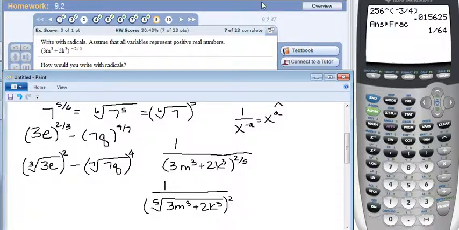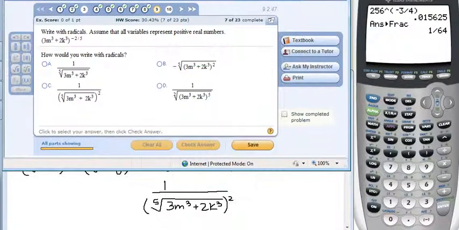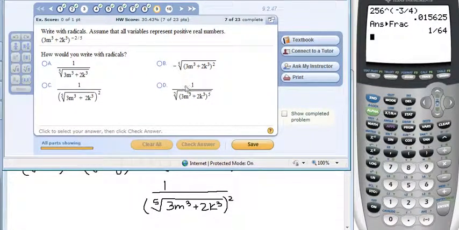Let's see if one of those match. Let me just lift that up just a bit. Okay, so we have 1 over 1 over. Okay, so it's not that one, obviously. This one's goofed up because these are backwards, so we're going to look to these here. Looks like that one, doesn't it? The 5th root of the radicand raised to the second power. See, it's always C. Nice work.